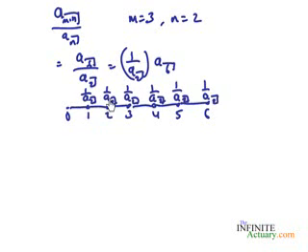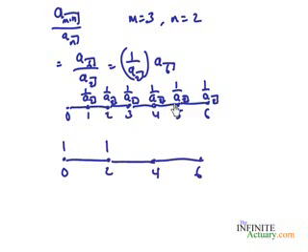Well, these first 2 payments, the present value of those, taken one period before the first payment, is 1 over a angle 2 times a angle 2, which is just 1. Then the next 2, which are time 3 and time 4, the present value of those at time 2 is also 1. Similarly, at time 4, we have the present value of these 2 payments here, which is 1 over a angle 2 times a angle 2, which is also 1.